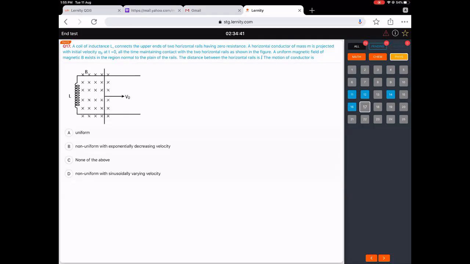Okay, it's a tough one because I have to learn it. I don't know it. But if I have to tick something and go, I don't see any reason. Basically, the inductor will be getting charged and discharged, charged and discharged. So there is some kind of a sinusoidal thing, but non-uniform exponentially. So I'll just go for this.